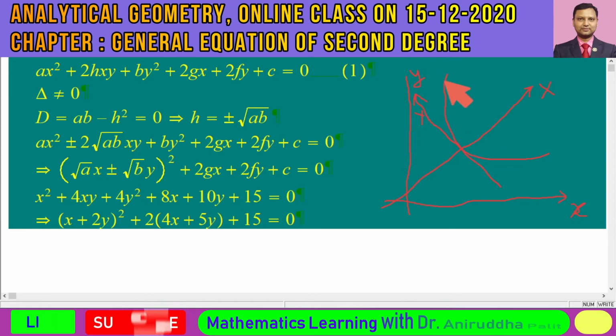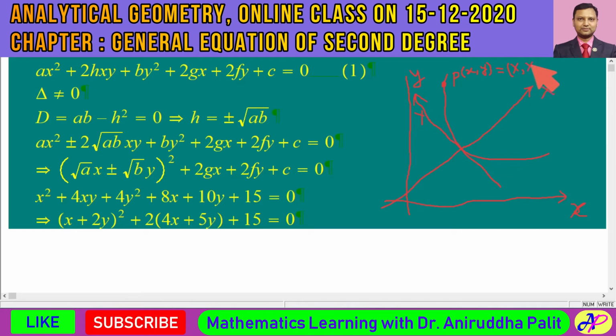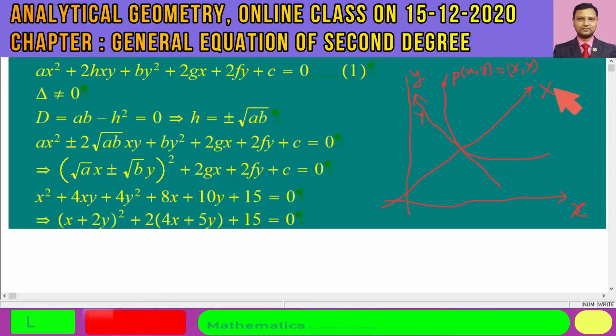But before that, suppose there is a point P, and this point P has the old coordinates x comma y, and suppose the same point has the new coordinates in terms of capital X and capital Y.